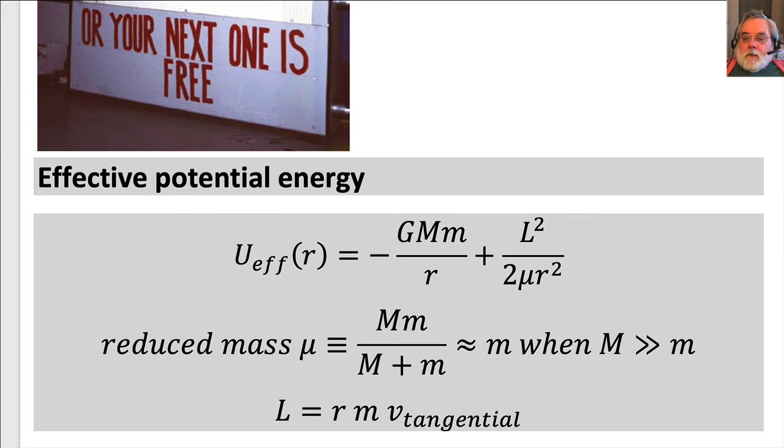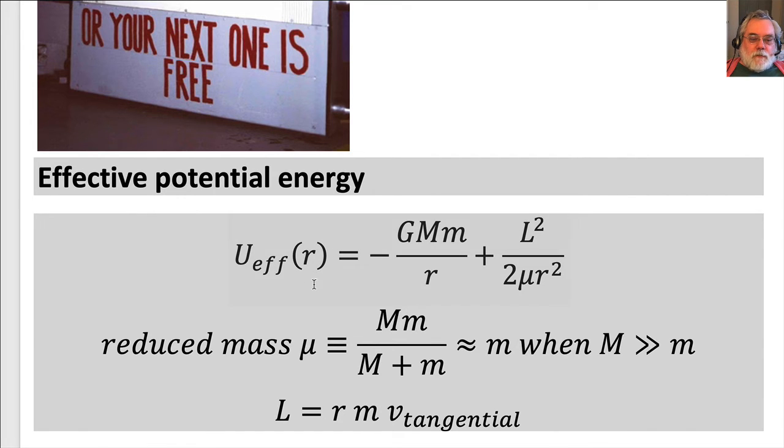For a small spherical object of mass lowercase m orbiting a much more massive spherical object of mass capital M, much larger than lowercase m, with angular momentum of capital L, we have this effective potential energy.